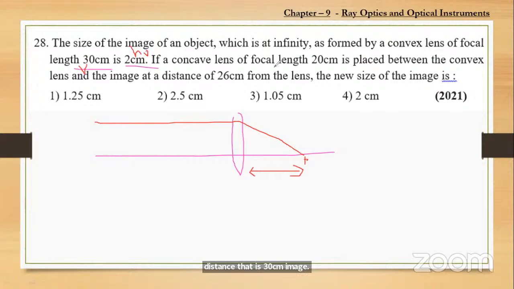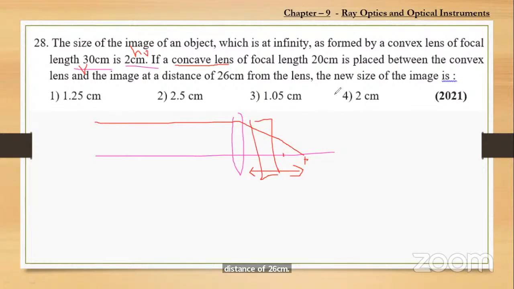If a concave lens of focal length 20 centimeter is placed between the convex lens and the image at a distance of 26 centimeter, they are saying the image is now formed at a distance of 26 centimeter.